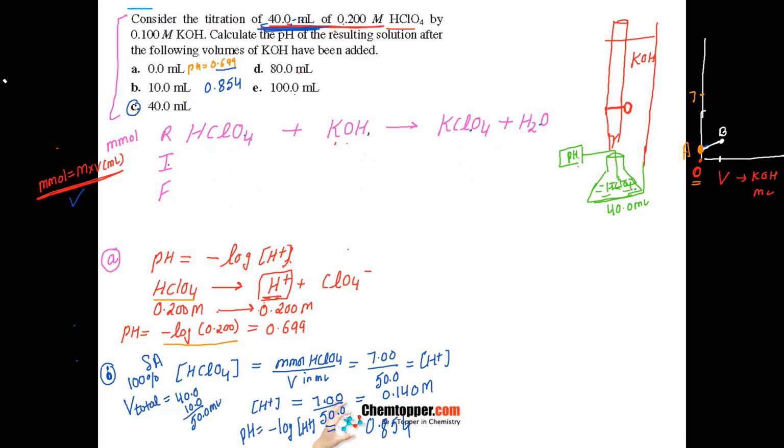So how many millimoles of HClO4? No change. Same. Same millimoles of HClO4. So what is changing? The amount of KOH. So how many millimoles of KOH have you added? Sarayu, can you do the calculation?